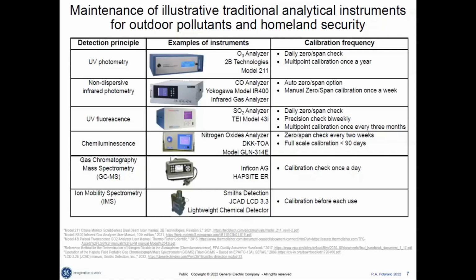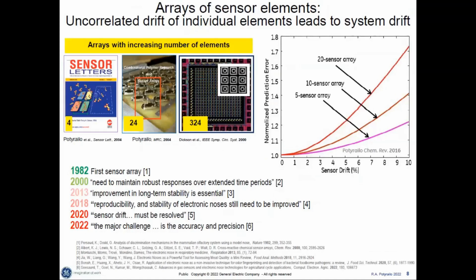We are also part of the sensing community, the sensor array community. This is my sensor of 4 elements, 24. There are more and more in the literature. The reason I made this slide and this quote is that the elements are independently sitting on the sensor platform, and when they age, nobody knows how the others age, and that independent aging adds to the overall prediction error.